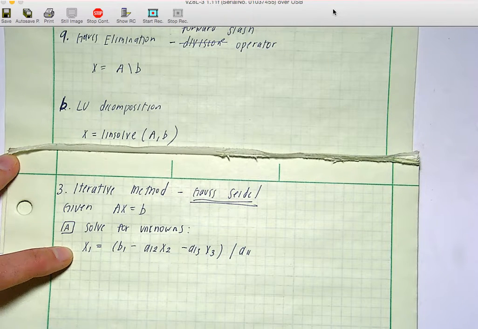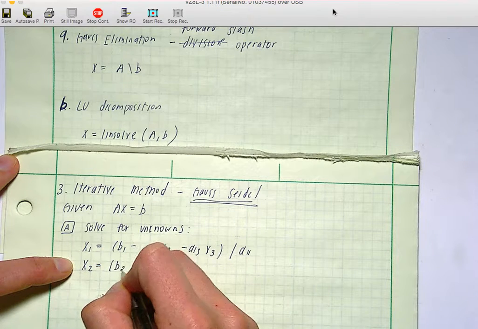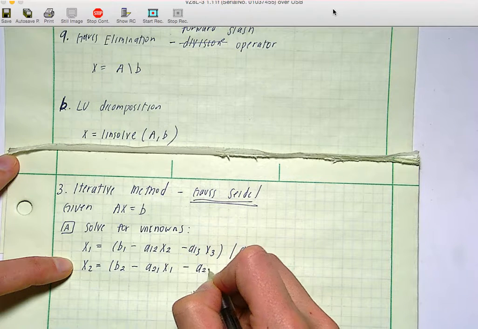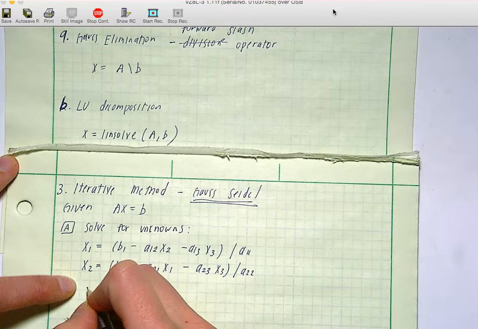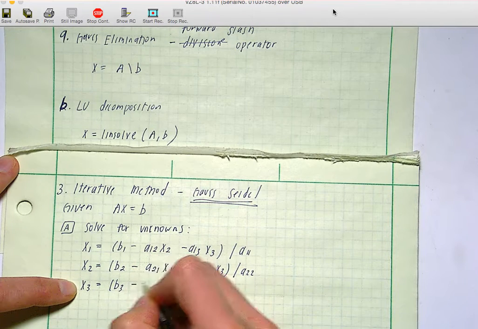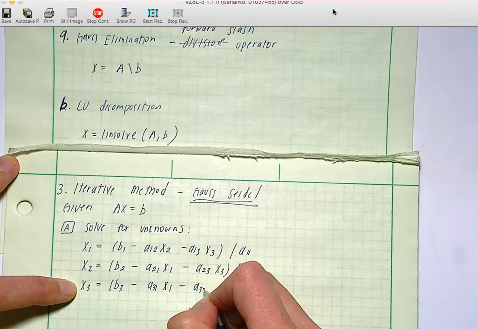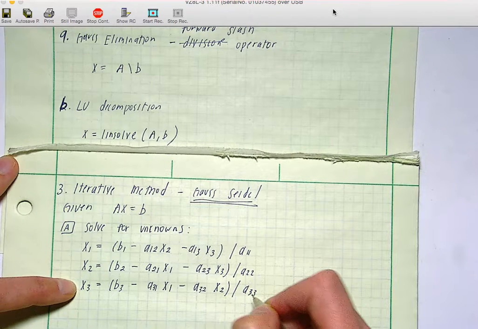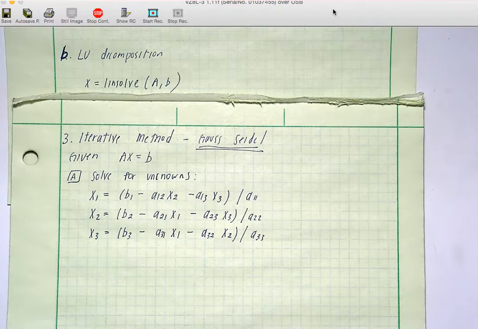So here, first equation, I solve for x1. Second equation, I'm going to solve for x2. And then the final equation, I'm solving for x3. So at this point, I'm just rearranging the equation, okay?